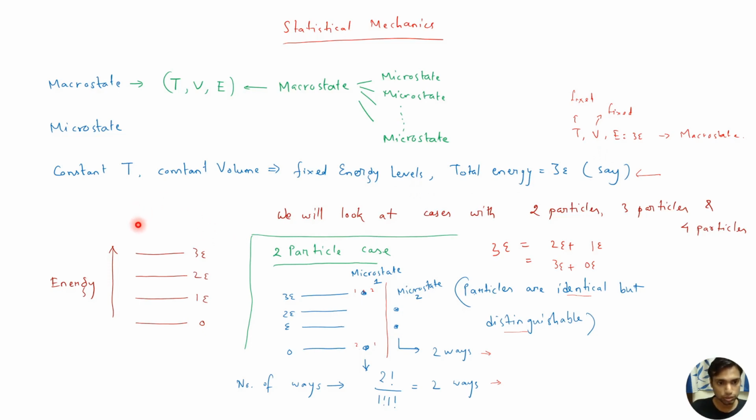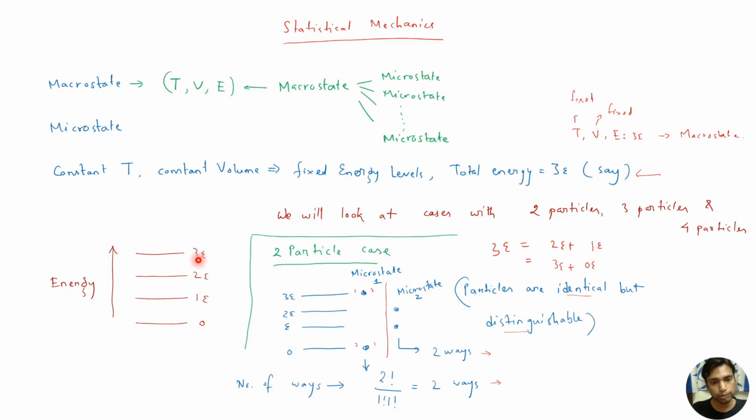Here we are taking a system in which each atom has four energy levels: 0, 1e, 2e, and 3e. And we want to understand how we can get the total energy 3e at constant temperature and volume. Since volume is constant, these energy levels won't change. Let us say the system has two particles.